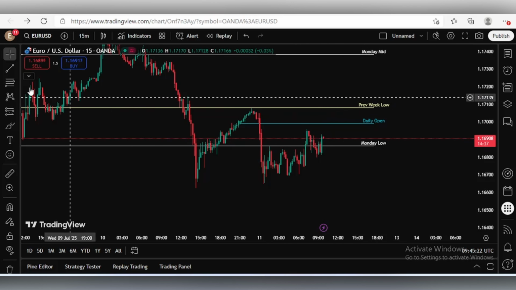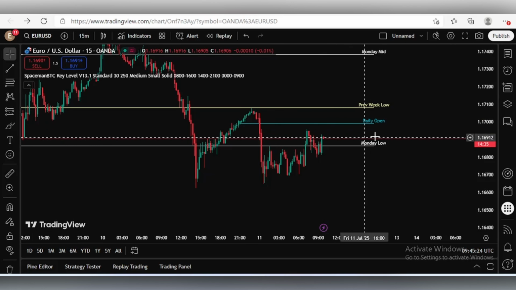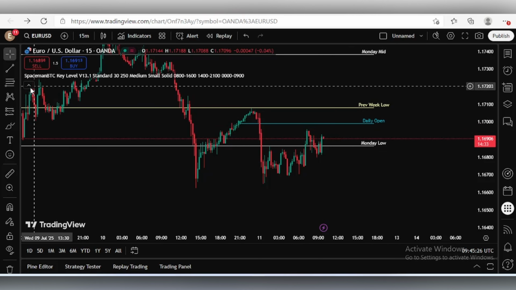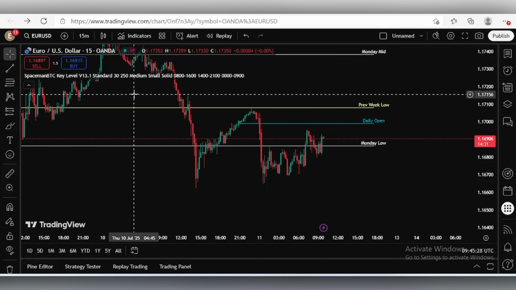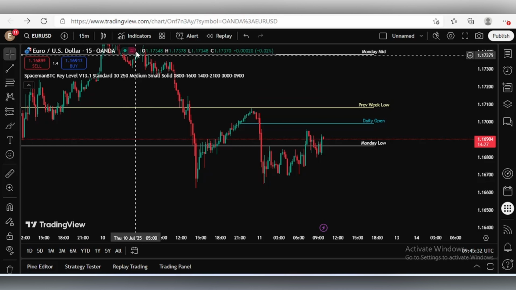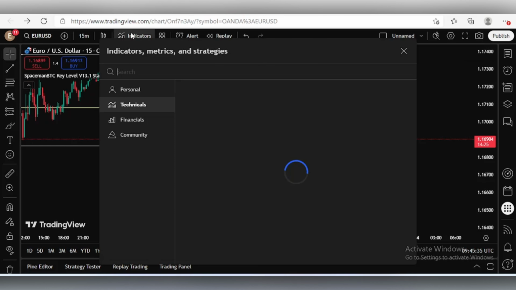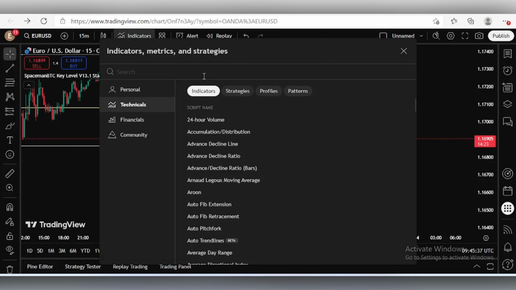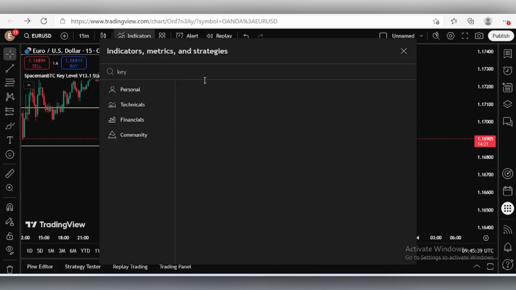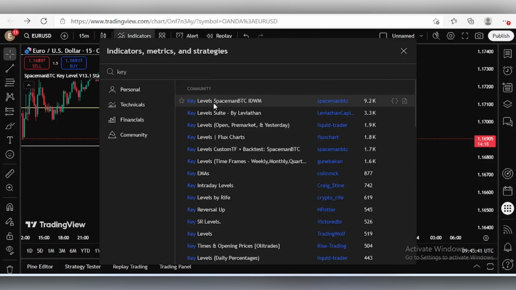And in all of these, just go ahead and remove the daily open, right? The name of this indicator is the Spaceman BTC Key Level V13. Just go to your indicators and type key level, and it's going to bring you over here. You can see key levels Spaceman BTC.